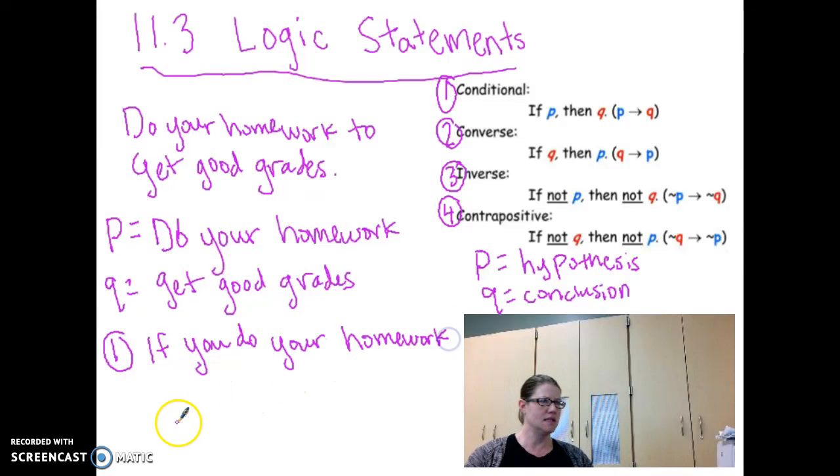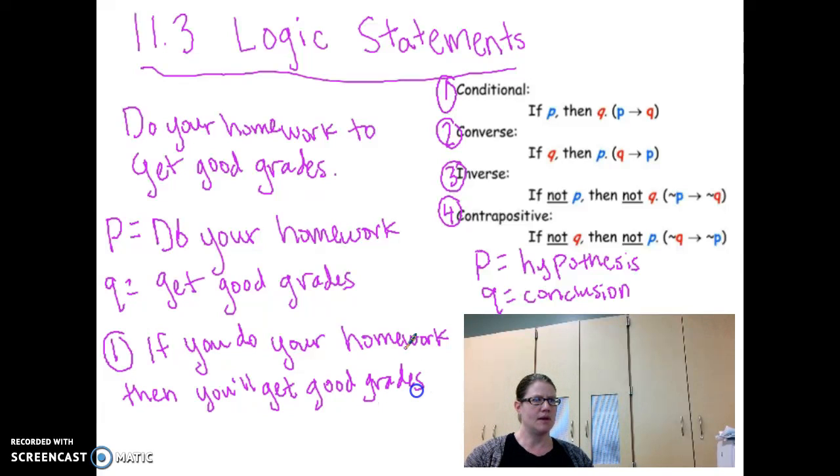So the hypothesis is that you do your homework. The conclusion is you'll get good grades. That logically follows after doing your homework, right? If you do your homework, then you'll get good grades. So that would just be our first statement, our conditional statement.